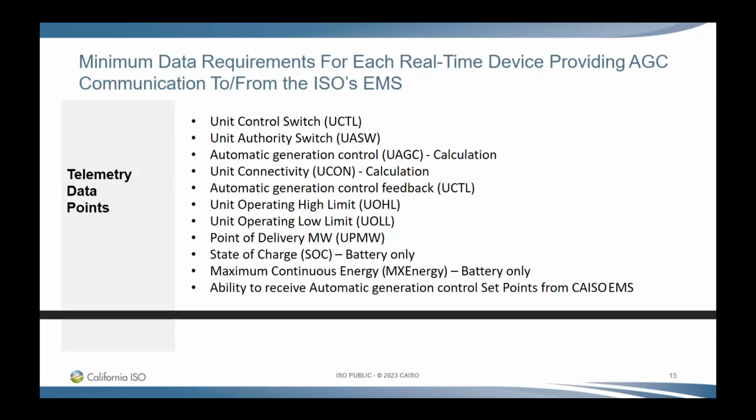These are all better explained in the direct telemetry BPM, but a couple to note of the minimum information that is needed, especially the unit control switch, the unit authority switch, automatic generation control, unit connectivity, point of delivery, and state of charge. All of this data needs to be communicated, and again, needs to be accurate.